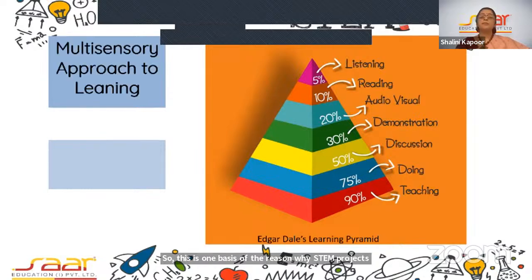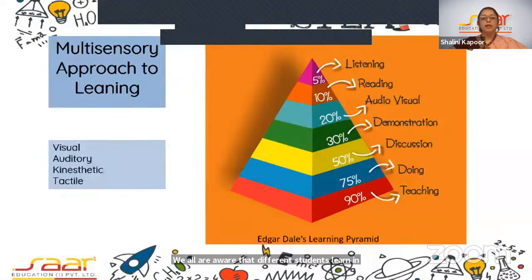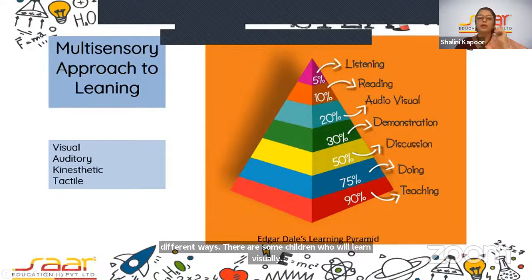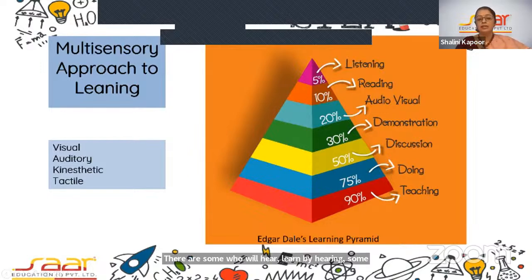STEM projects and their need is also backed by the multisensory approach to learning. As educators and as per data, we all are aware that different students learn in different ways. There are some children who will learn visually. There are some who will learn by hearing. Some will learn kinesthetically, and some are tactile learners.